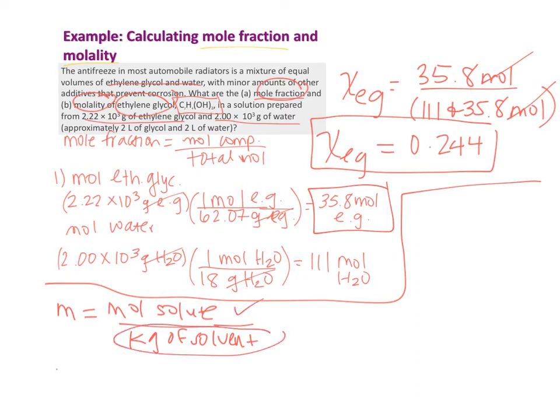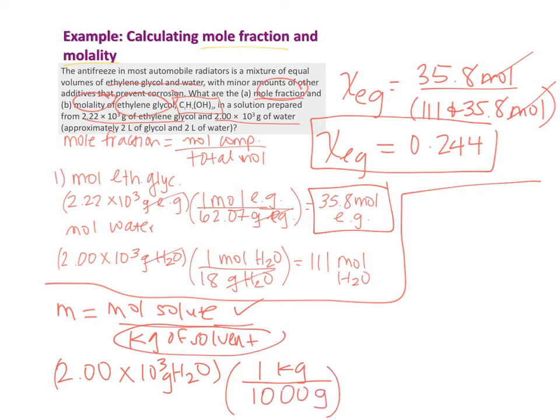So we're going to take the grams of water that we started off with, grams H2O, and we are going to convert it to kilograms. So in 1 kilogram, there is 1,000 grams. You could also write it as 10 to the third grams, whichever one you want. From this, you should get 2 kilograms of H2O.